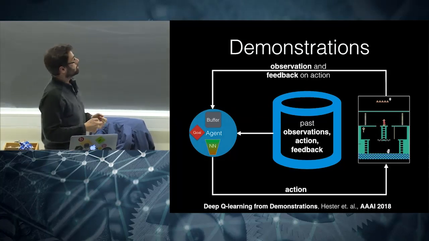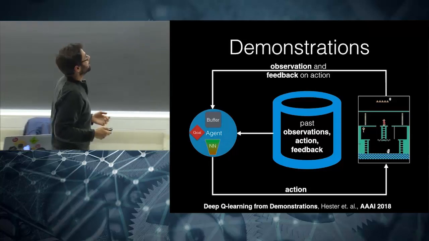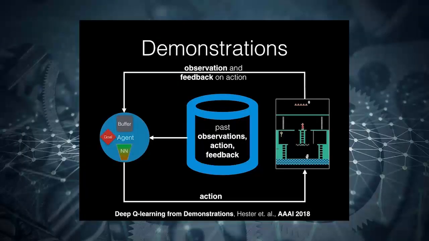So if we have such data, we can essentially imitate these old policies. And once we have imitated, we can actually use that bootstrapped agent in the environment itself, and hopefully it wouldn't crash.